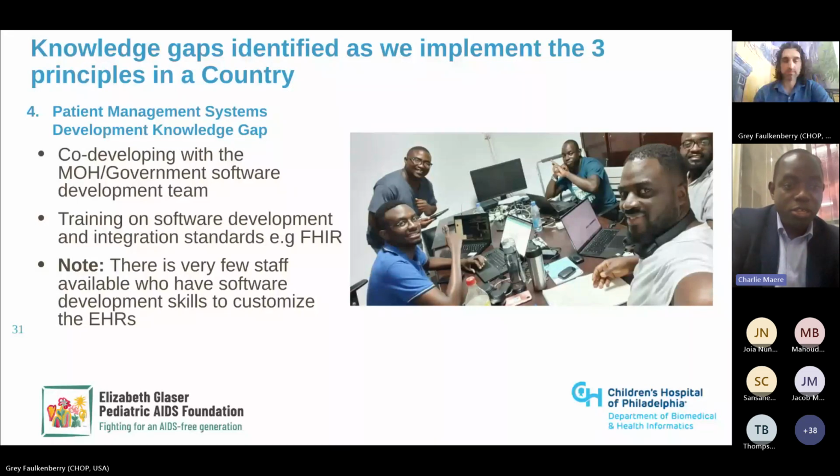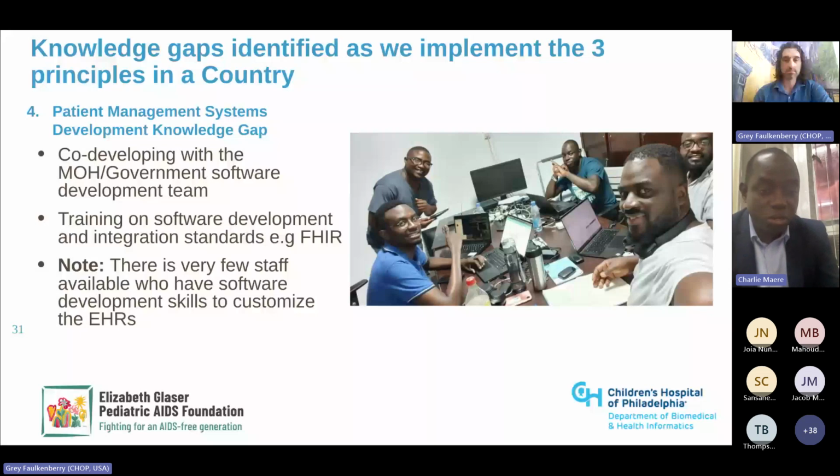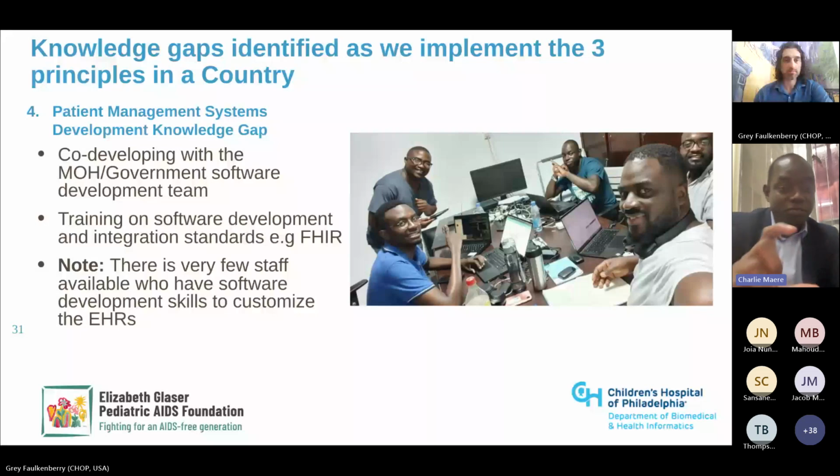These are mostly open source systems, and to maintain them, we train or identify software developers within the Ministry of Government, and then implement together so that we transfer knowledge of technologies like FHIR and other standards as well. This is a big challenge where the governments and ministries do not have this kind of cadre, and most of them are either partners and so on.